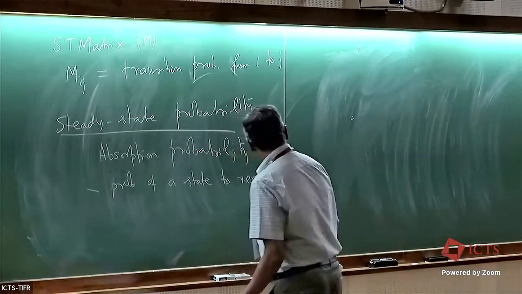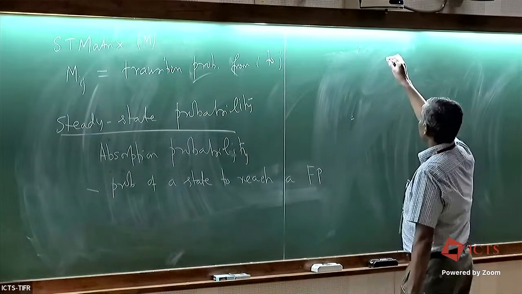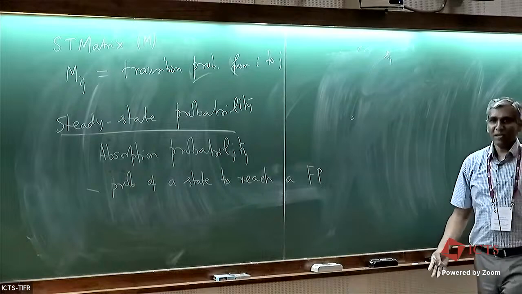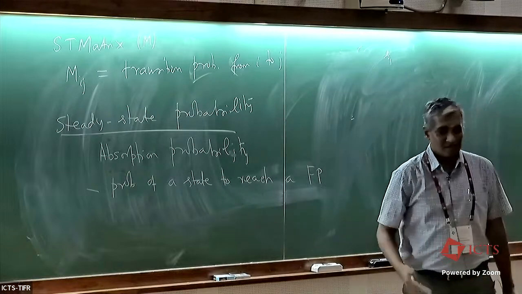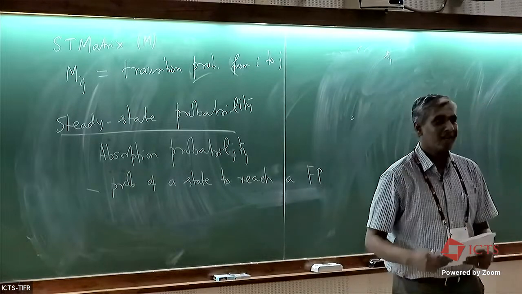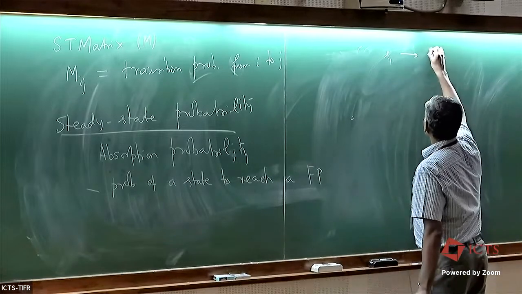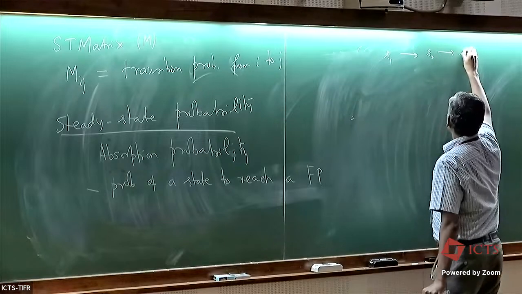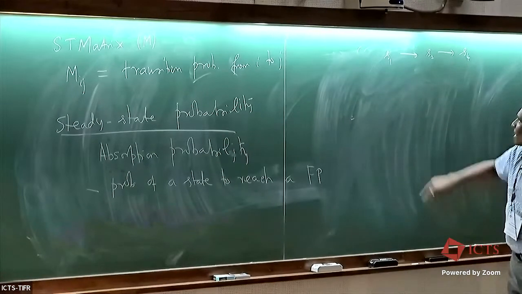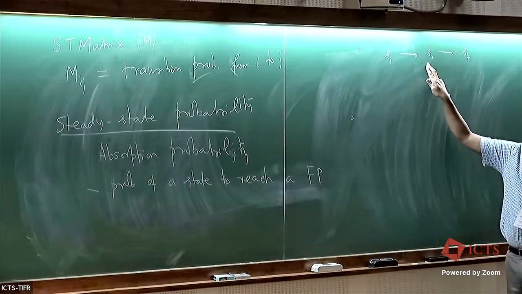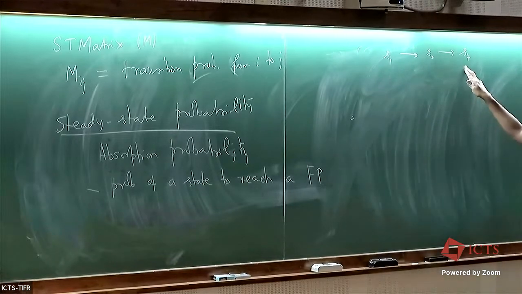Okay, so the way to calculate the absorption probability is, here's a trick, and I'll also try to derive the formalism to do it in a very elegant manner. Suppose I have start state S1, and with one step transition it goes to S2, and with another transition it goes to S4.